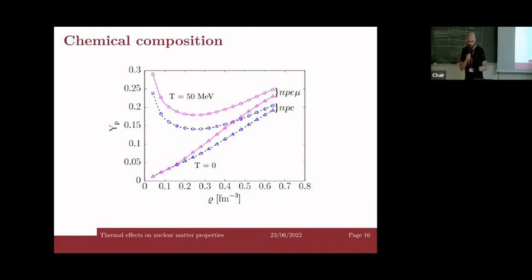But if we increase the temperature and try to reach beta stability, the proton fraction and the lepton fractions will not be the same, because temperature does affect the chemical composition of the system. So it's not just a problem of adding a thermal contribution to the pressure and to the energy density; I also should understand how the chemical composition of this hot neutron star matter would behave.